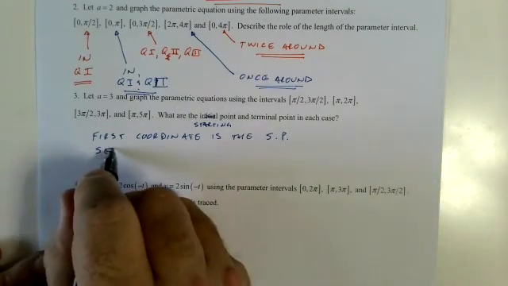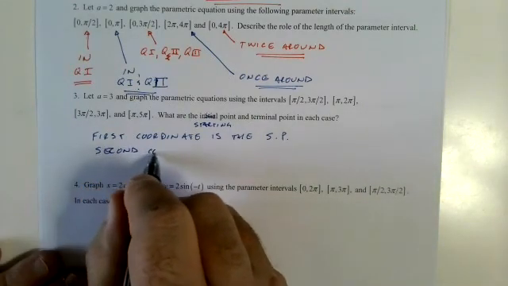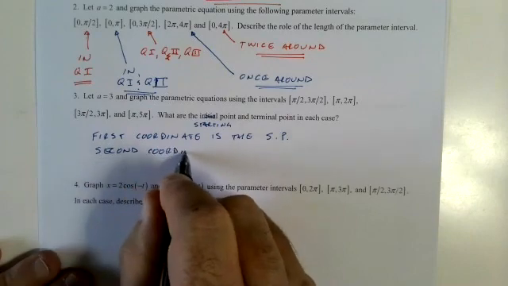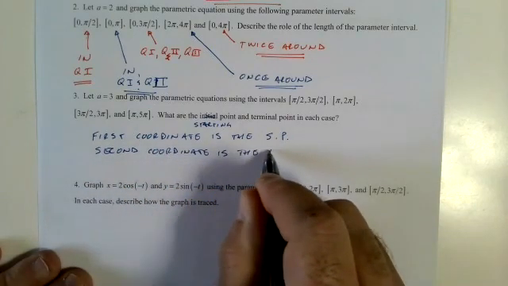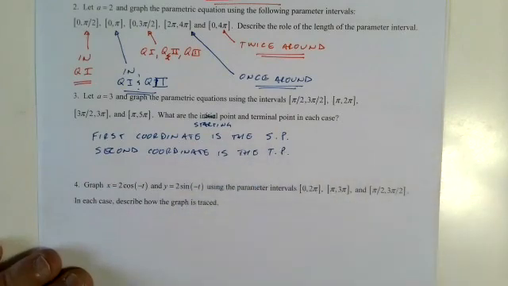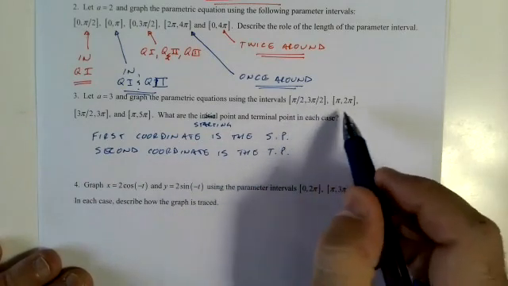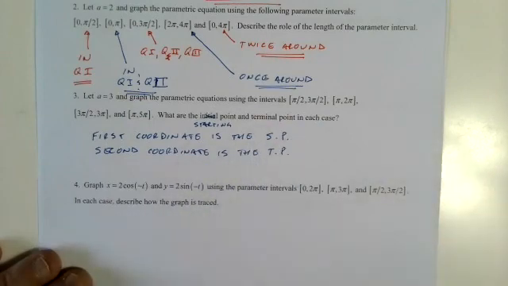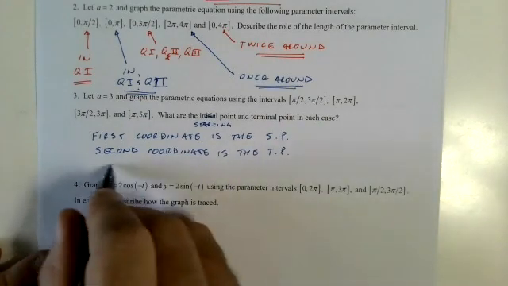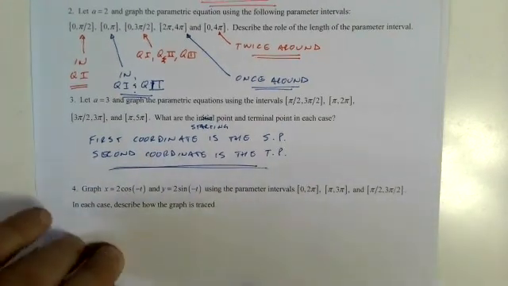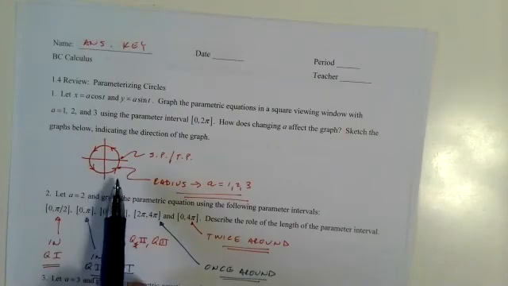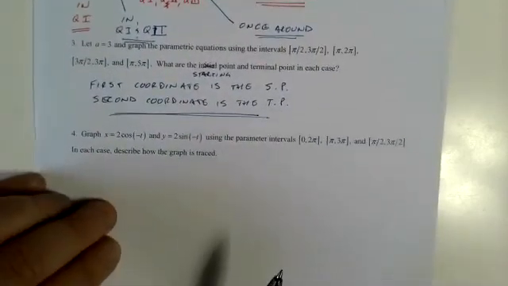Second coordinate is the terminal point. Now I'm not going to go around and label all these IP, SP, IP, SP. Play with it in your calculator, see what happens. It's really not a big deal. All right. Make sure you put arrows on your graph so you know where it starts, where it ends.